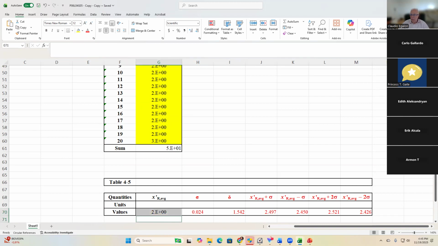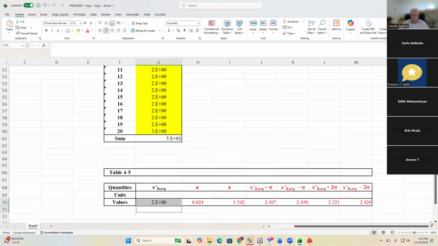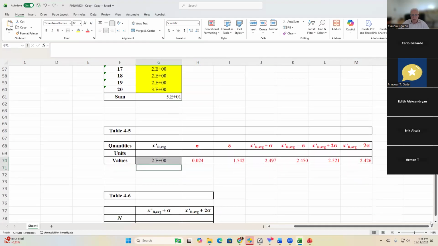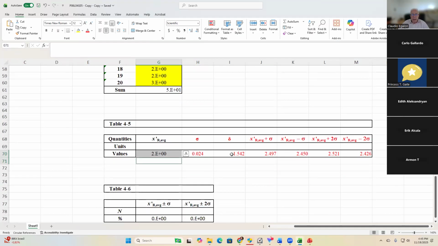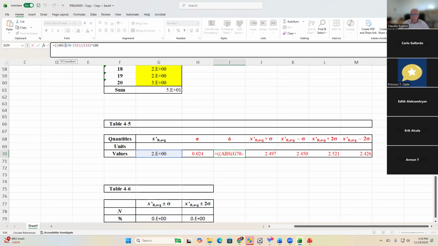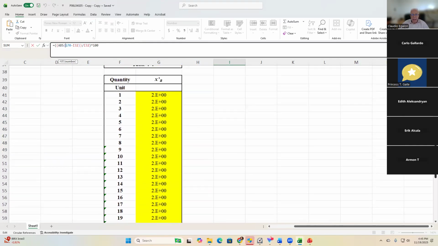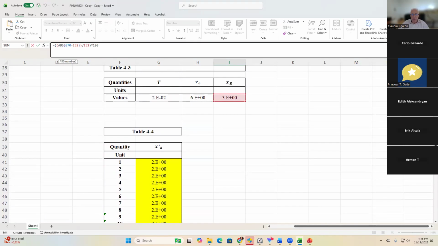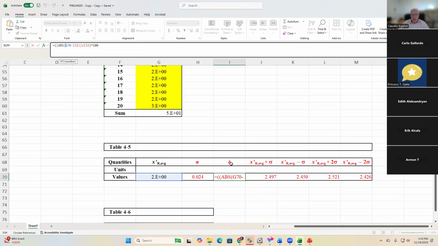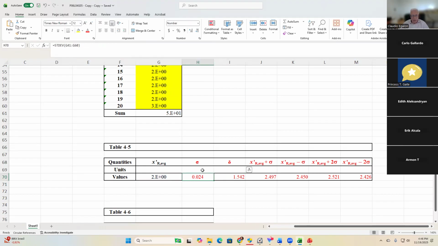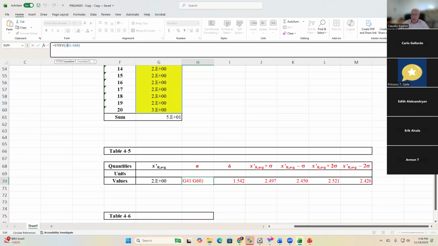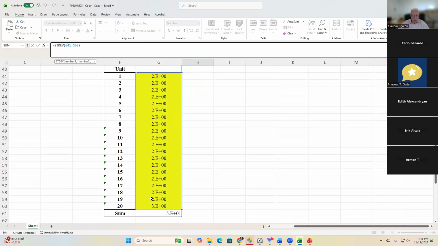So what we have right in here is the percentage difference between the average of the measurements and the predicted value. That's the percentage difference, delta. Don't forget to put the proper units. Here is the standard deviation. We do have this function in Excel, standard deviation of this set of values.